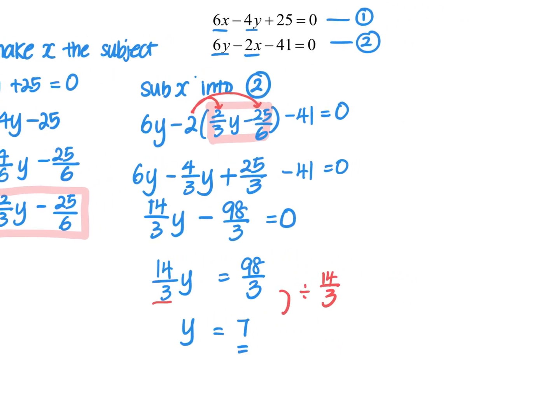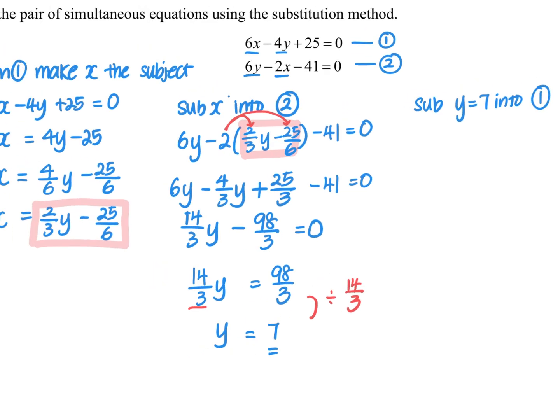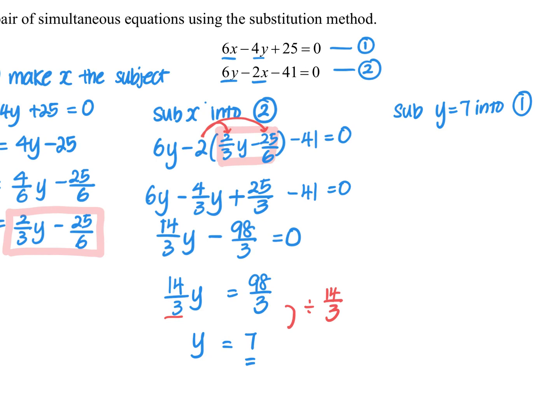So if y equals to 7 now, we're going to substitute again. We want to find value for x. Y equals to 7 into, we used equation 1 just now, right? So we have x to be equals to 2 over 3 times y minus 25 over 6.